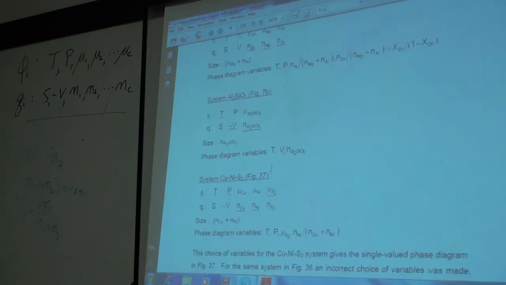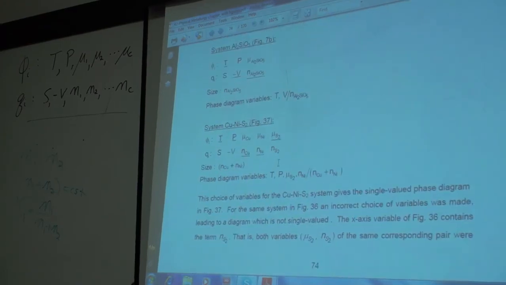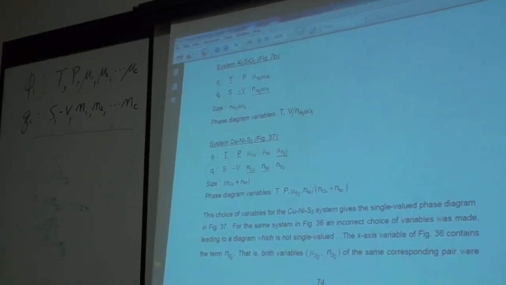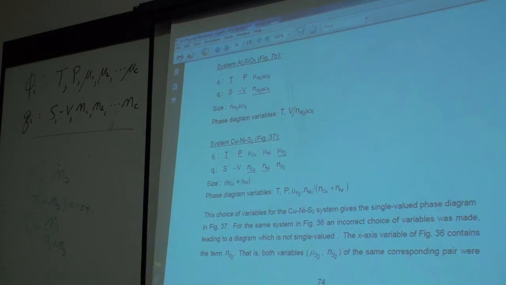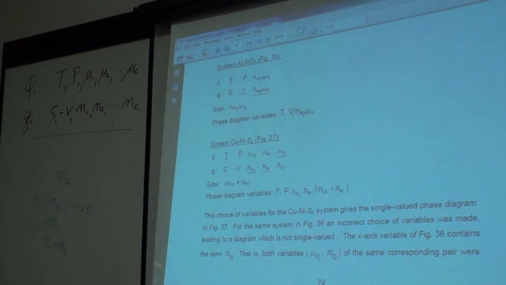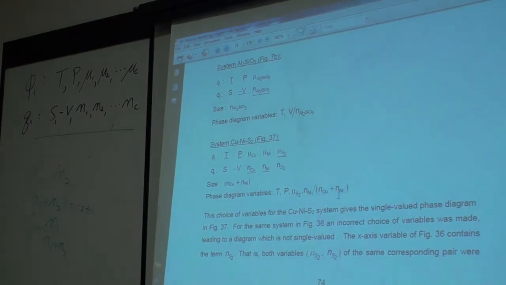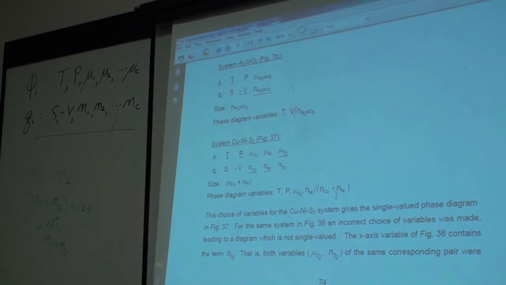Now we see what's gone wrong with the copper-nickel-sulfur system. Remember in figure 37 and 8 I plotted the copper-nickel-sulfur system in two ways. In one way I had the two phase regions overlapping. In the other way the two phase regions didn't overlap. You see the problem. Here I've chosen temperature, pressure versus number of moles of copper, number of moles of nickel, and the chemical potential of sulfur. And defining the size of the system as the total number of metal moles, I plotted temperature, pressure, chemical potential of sulfur, and the number of moles of nickel over copper plus nickel, and that gives me figure 37, which is correct.